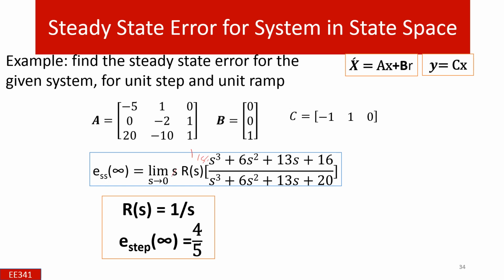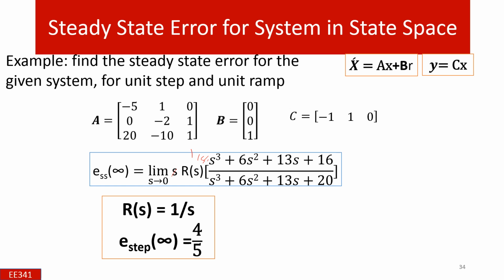By applying the limit, the terms become 0 except the 16/20, and the answer is some fixed value. So we have some positive error, which shows that after responding to the input value, the system output is less than the input value.